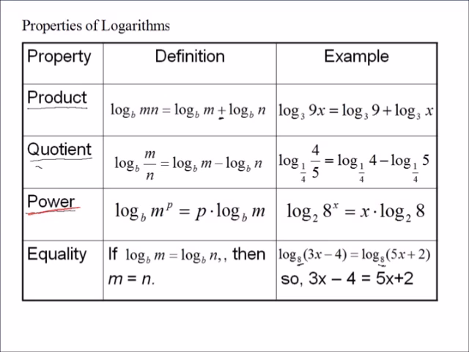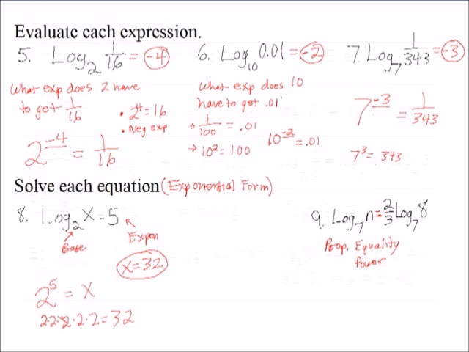So let's go back and set up our equation. Being that we have the equality property, this is going to be n equals, and now use your power property first. This 2/3 is going to go over here. So this is going to be n equals 8 to the 2/3.